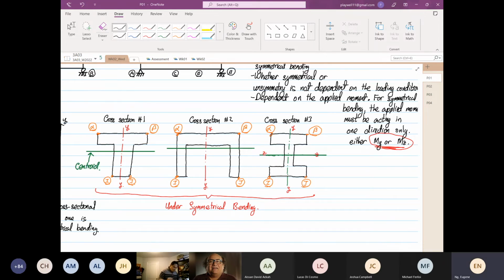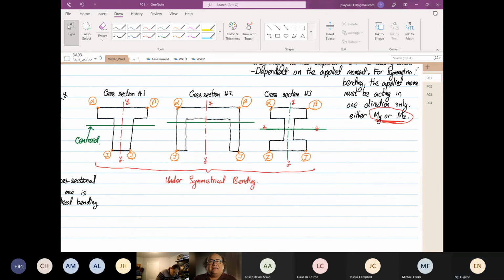Okay, so remember, I told all of us to focus on the equation where stress x is equal to, for this case, Mz over Izz multiplied by y. From the centroid, we call this y1, the distance to the extreme.